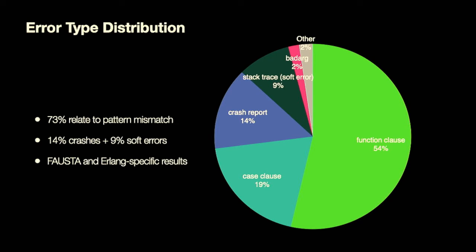And we found 14% crash reports. These are general Erlang crash reports, which may also relate to the root cause of pattern mismatching. And we found 9% of errors were soft errors, logged by developers and handled in the system. Note that this result is very Foster and Erlang specific and may not generalize.